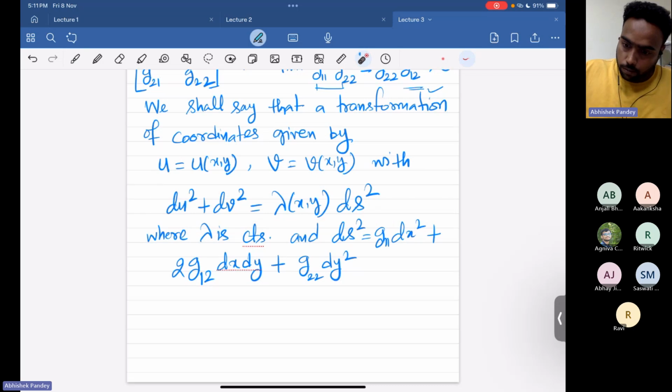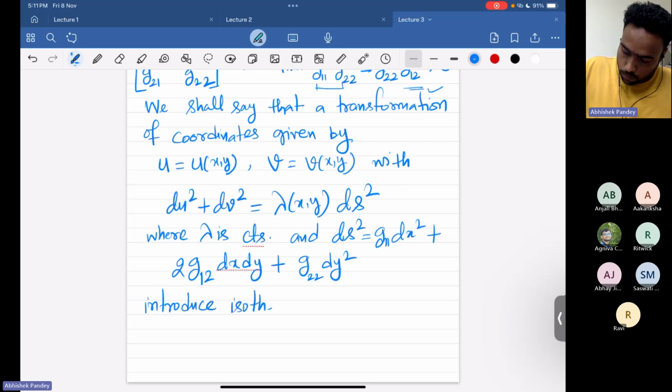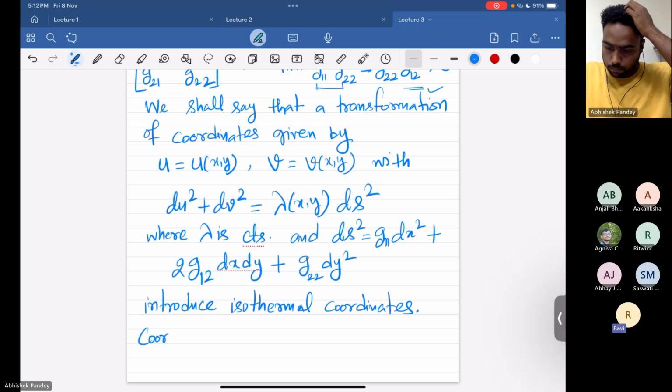This basically introduces isothermal coordinates. Is lambda non-zero, or can lambda be any continuous function? Lambda will be positive here.